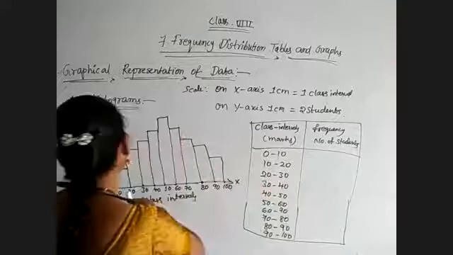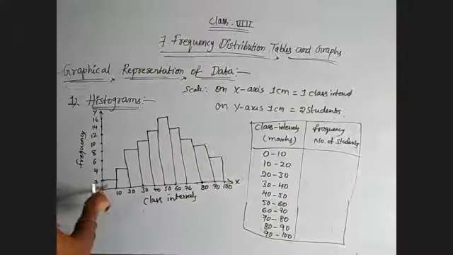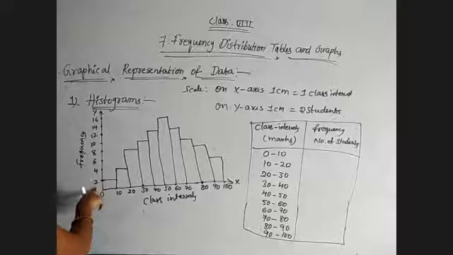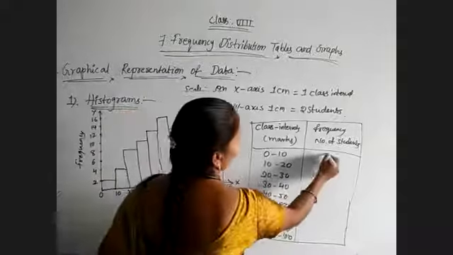In 0 to 10, how many people got less than 10 marks? Only 2.